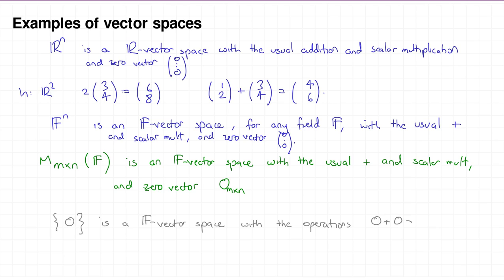So I can completely describe the addition by just saying 0 plus 0 equals 0, and I can completely describe the scalar multiplication by saying that lambda multiplied into this thing 0 is just 0 again. So that's for any field F, you get this vector space which just has one element, and this is called the zero vector space.